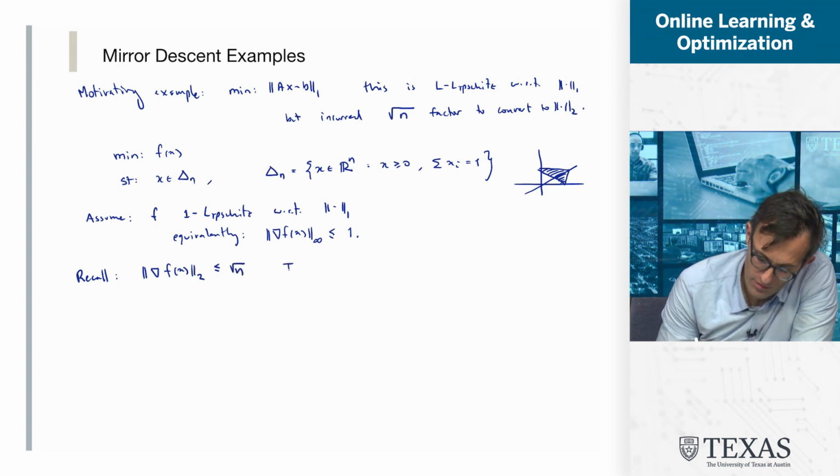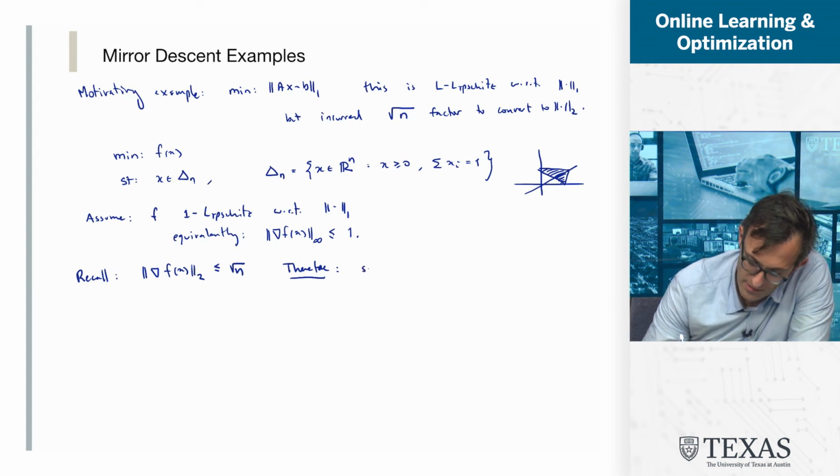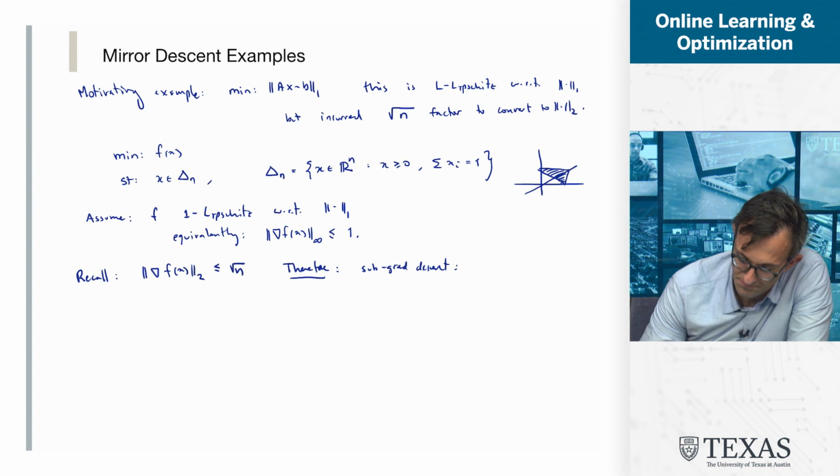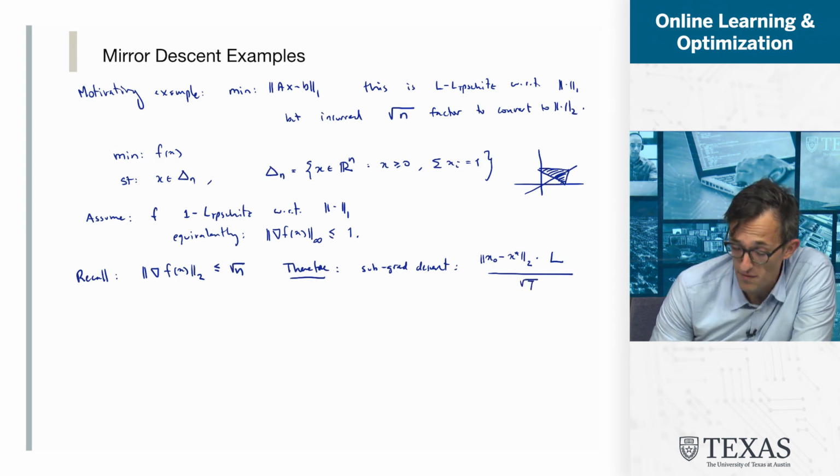And therefore, as we've said a number of times and as motivated our whole foray into mirror descent, the rate of convergence of subgradient descent is going to look like the two norm of x0 minus x star times L divided by square root of t, but L is forced to be square root of n in this case.